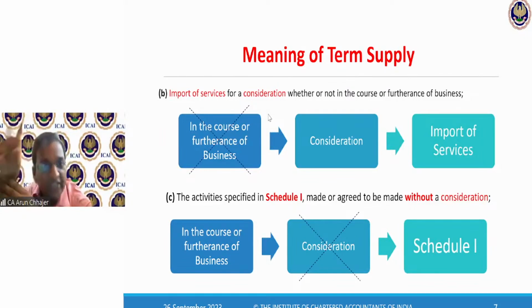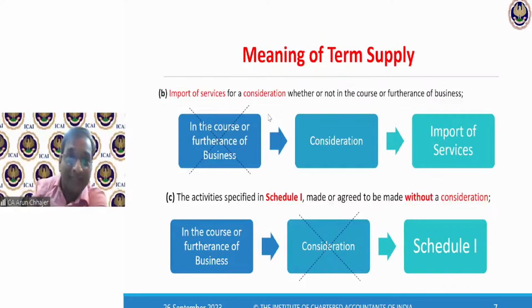Now, clause B is talking about import of service for consideration, whether or not in the course or furtherance of business. It means in clause A, we have discussed that consideration and business have to be there to say that the transaction is a supply.